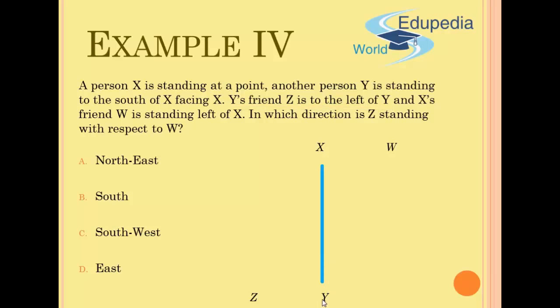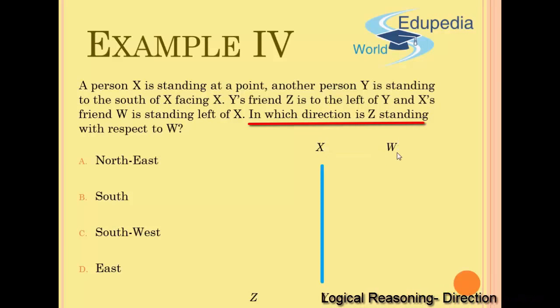So Y's left is towards the west and his right is towards the east, and Z is standing to the left of Y. And X's friend W is standing to the left of X. Now X is facing the southward direction. So X's left is towards the east and X's right is towards the west. So his friend W is standing to the left of X. So we position W to the left of X.